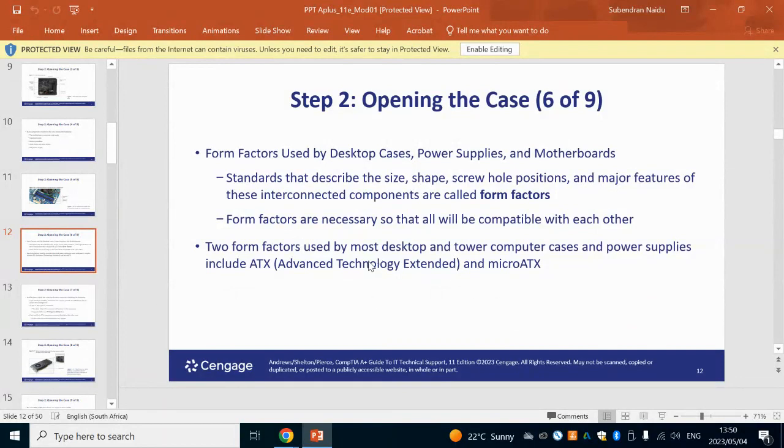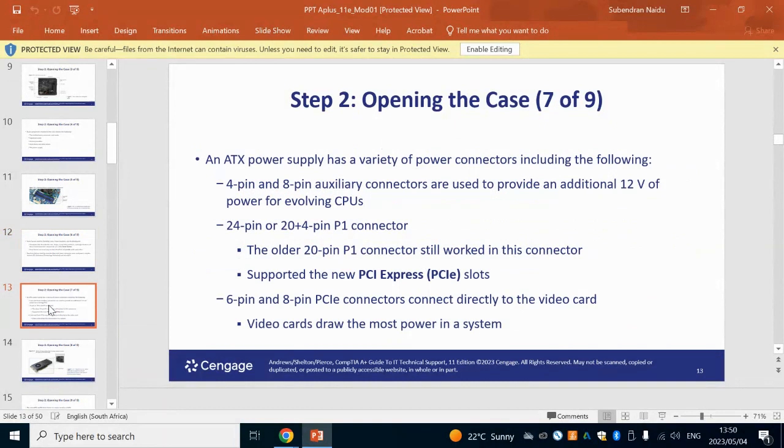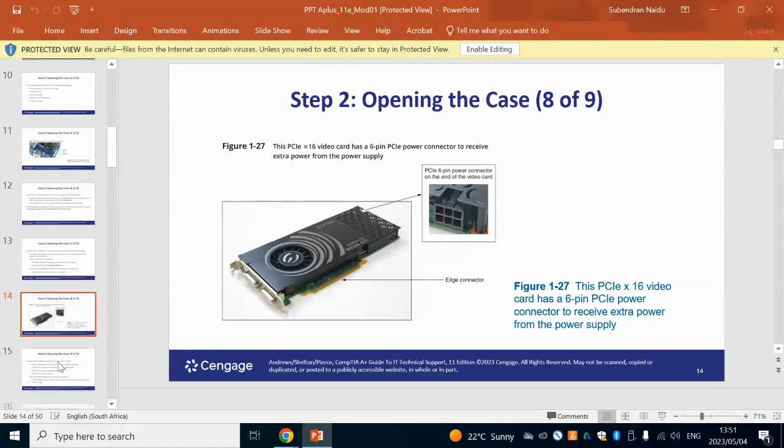Those are the two form factors used by most desktop and tower cases. That includes ATX and micro ATX. So two form factors, ATX and micro ATX, they're giving us here. Then they're telling us about the ATX power supply. How is it connected? What is the number of pins that are used to connect? So I keep going on and I'm reading it.